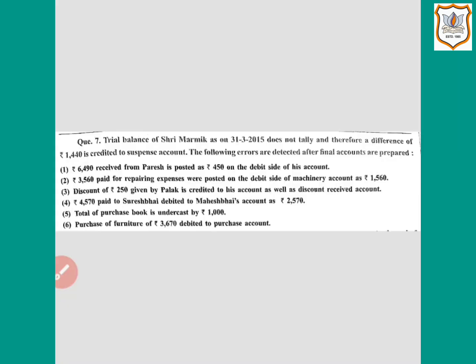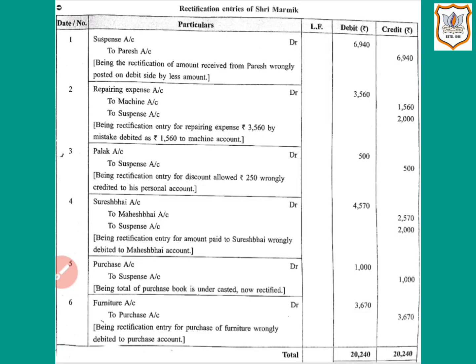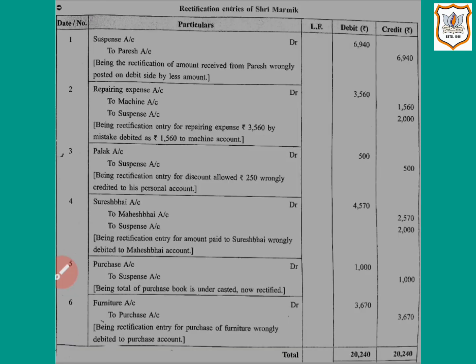Now let us see the next one, sixth number. Purchase of furniture of rupees 3,670 debited to purchase account. Here this is an example of a two-sided error.